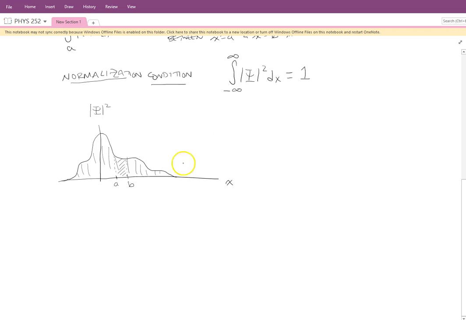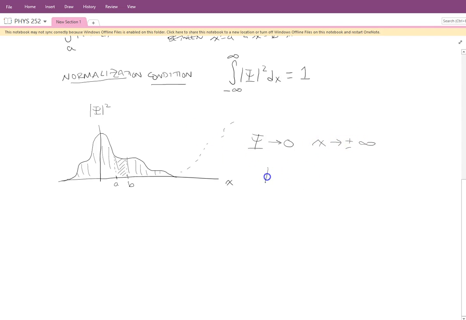That means that psi, the wave function, has to go to 0 as x goes to plus or minus infinity. If not, the area underneath psi squared is going to be infinite. That can't be physically. So one of the conditions on the wave function is that it has to go to 0 as x goes to plus or minus infinity.